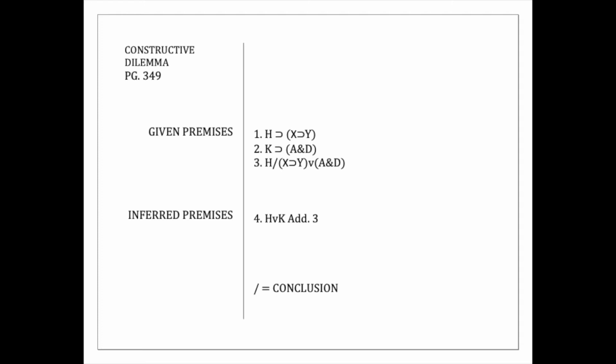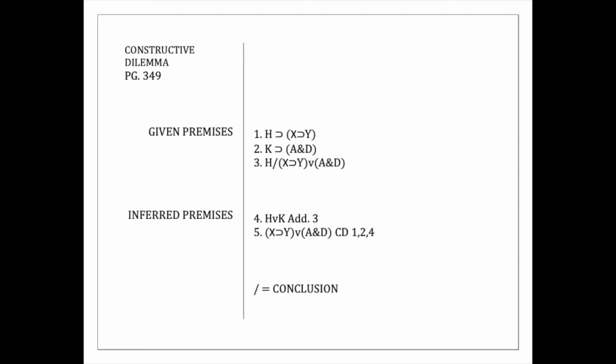So h or k gives us the 3 elements you need to complete a constructive dilemma inference and to complete the proof. Once you have inferred h or k, you can put your constructive dilemma rule to work and go ahead and infer the conclusion. If x, then y, or a and d, based on constructive dilemma, premises 1, 2, and 4.